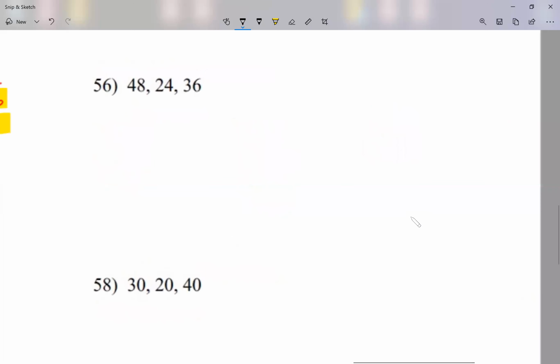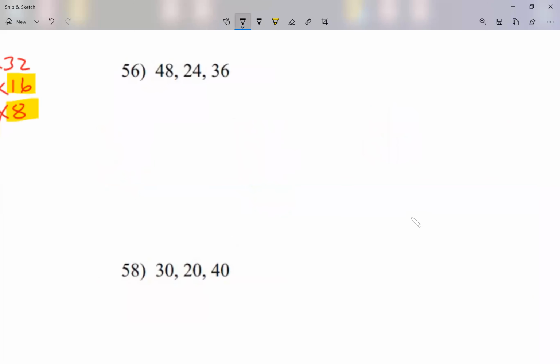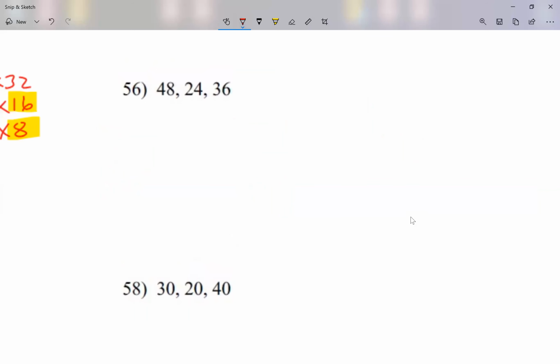Now let's take a look at number 56. My factors of 48 are going to be 1 times 48, 2 times 24, 3 times 16, 4 times 12, and then 6 times 8.